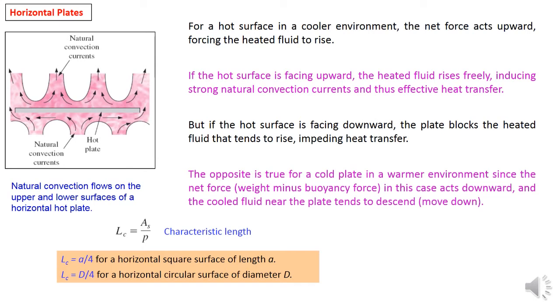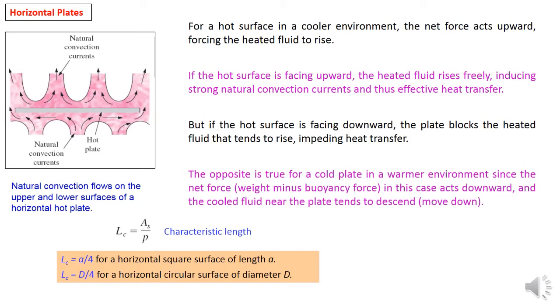The opposite is true for a cold plate in a warmer environment, since the net force in this case acts downwards and the cool fluid near the plate tends to move down. Okay, so as we all know, hot air tends to move up and cold air tends to move down. This kind of thing also happens in the boiling of water.